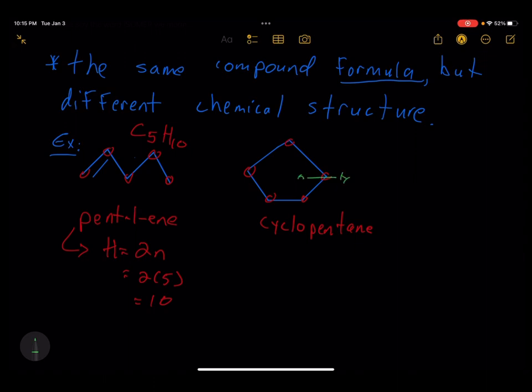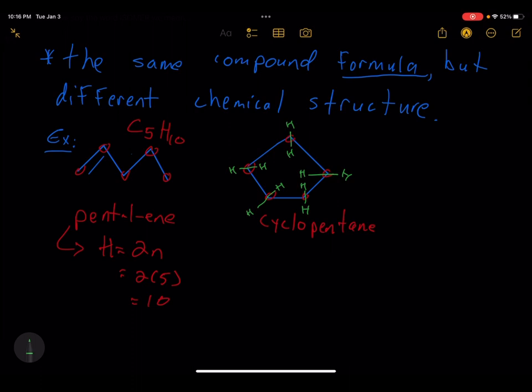Now, in a different color over here, if I were to write all the H's in for the cyclopentane, it would look like this. We're given the available spots. We have 2, 4, 6, 8, and 10 hydrogens. And this one as well would be C5H10.